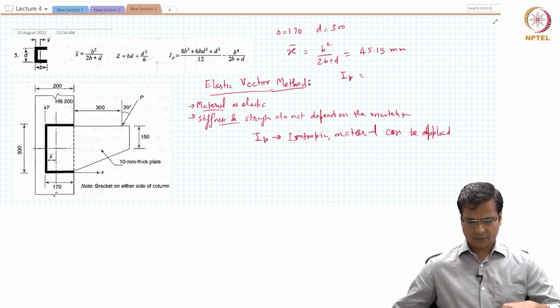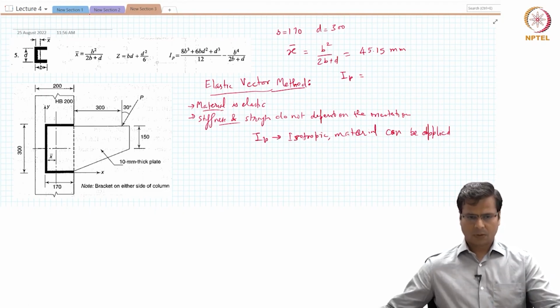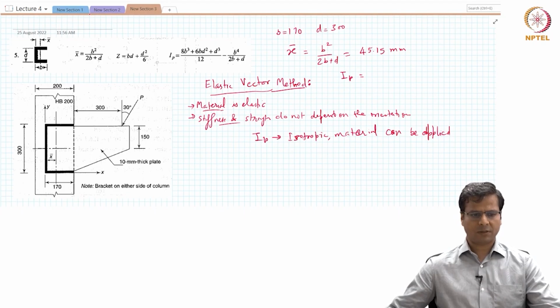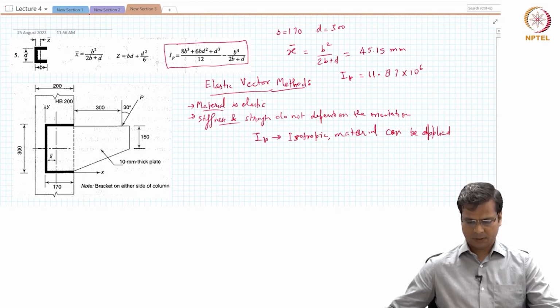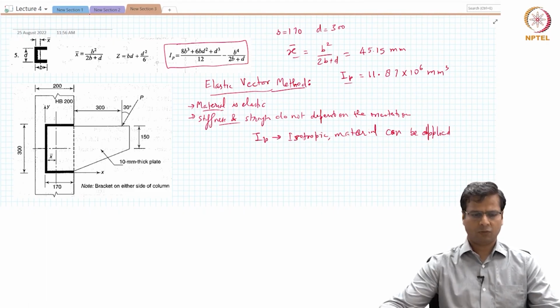For us to be able to calculate the IP value, we will substitute the respective values in this expression. So once we substitute these values, we get IP as 11.87 into 10 to the power 6 millimeter cube. Okay. So this is the polar moment of inertia and this is the location of the neutral axis.